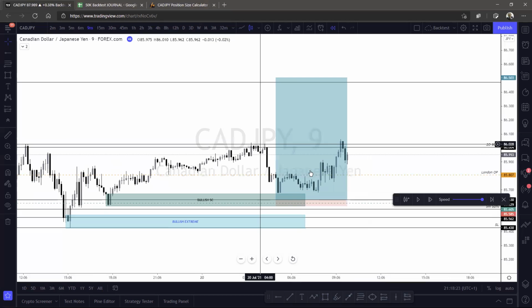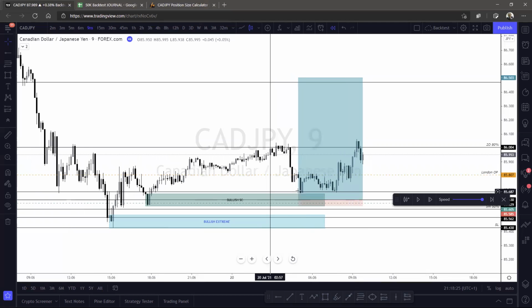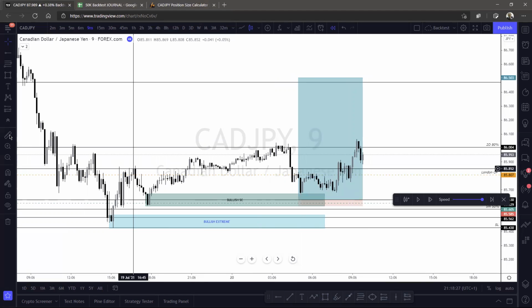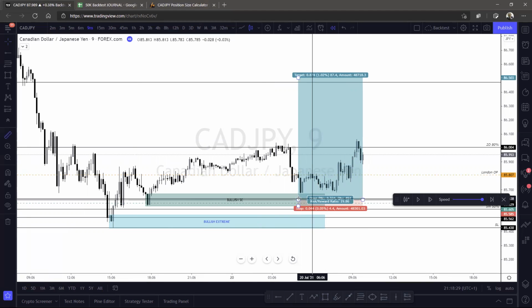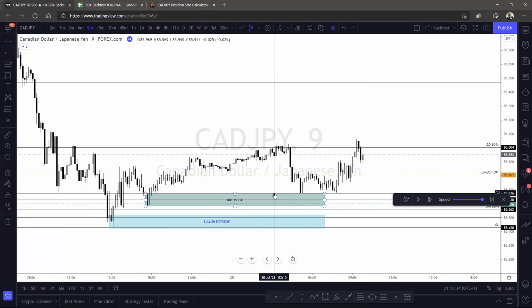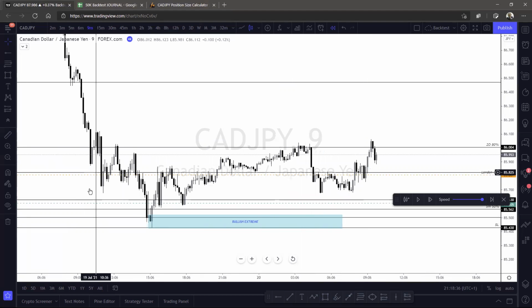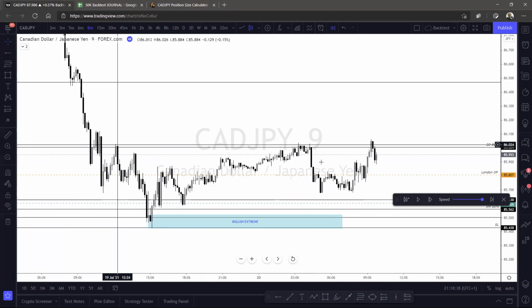Okay, so price has decided not to tap us in by about 5 pips. But there you go. There's the accumulation. That price came in, we have the booth, and then price.